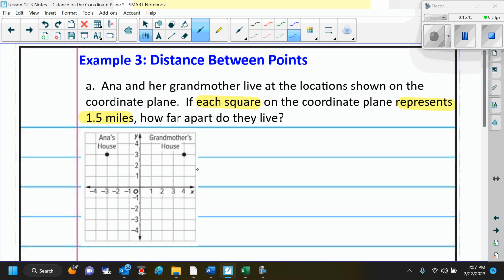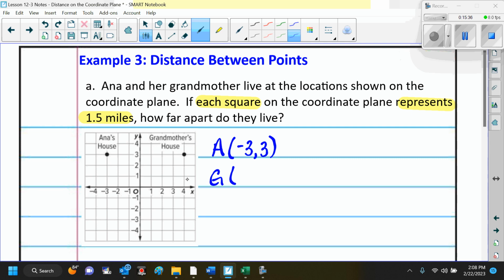First thing we want to do is write down our ordered pairs. So Anna, let's use A for Anna, is at -3, comma, +3. So A is at -3, comma, +3. And then grandma, let's use G for grandma.